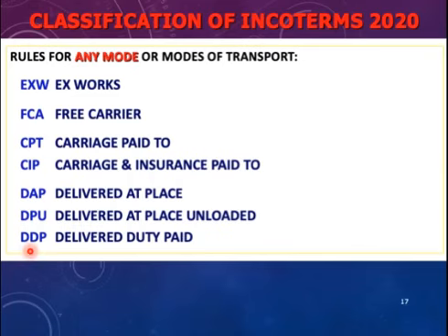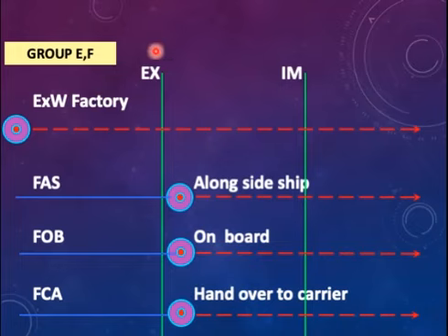So why do we classify the rules according to the first letter? It's not because of the name, but because of the level of division between the seller and the buyer. Let's see. For group E and group F, I mean EXW and FCA, FAS, FOB.